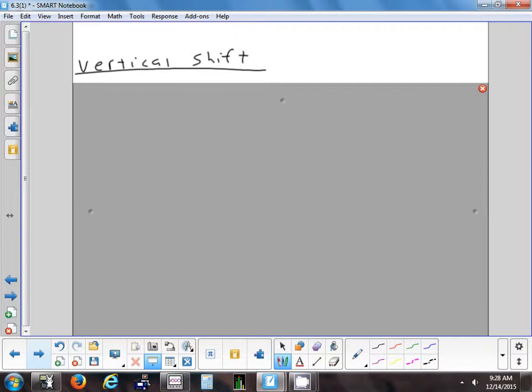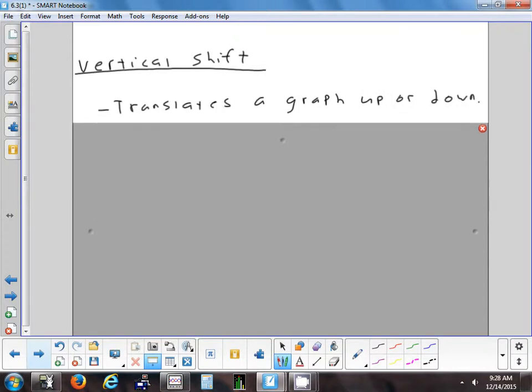Okay, vertical shift. Vertical shift is going to move your graph up or down.